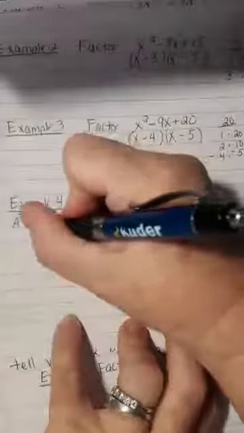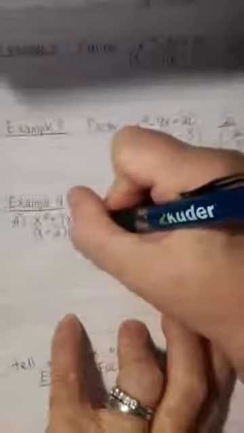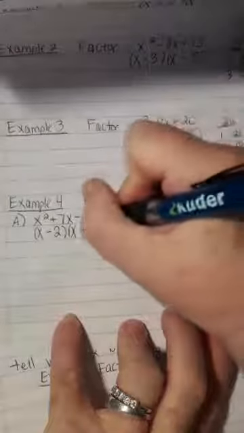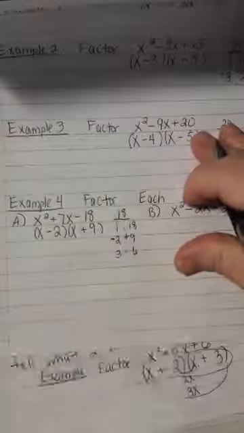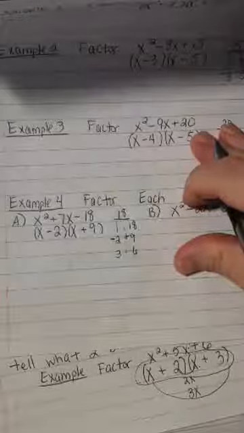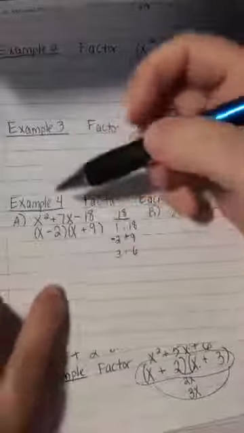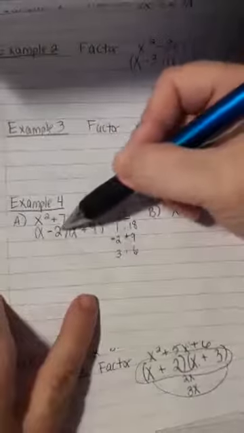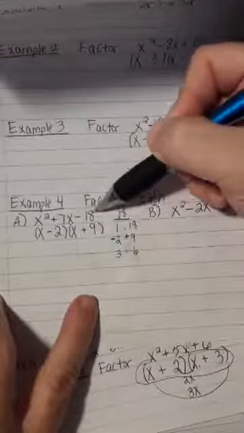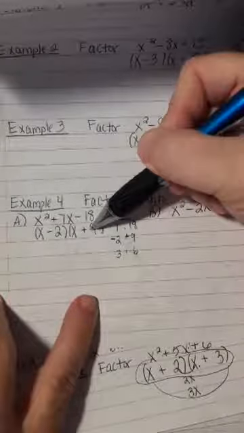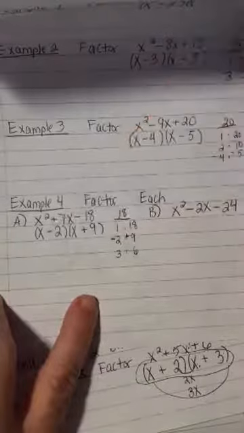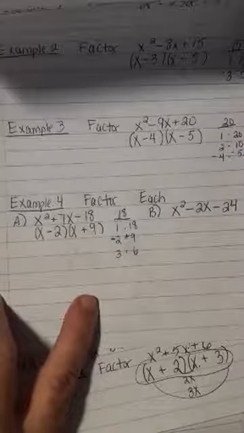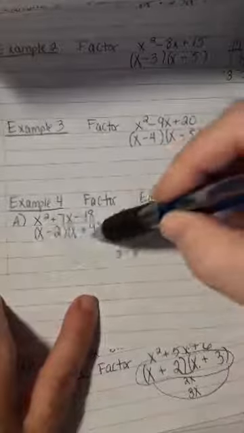So I'm going to put in minus 2 and plus 9. And then once you've got those numbers in there, just go back in your head and check by multiplication and addition to see if you get these two numbers. Negative 2 times 9 is negative 18. And negative 2 plus 9 is positive 7. So that all checks. That is your answer: x minus 2 times x plus 9.